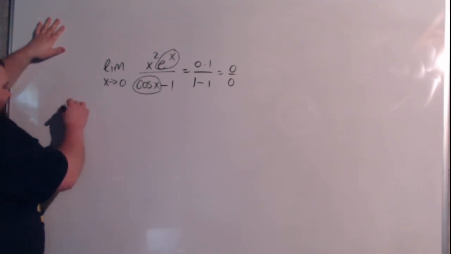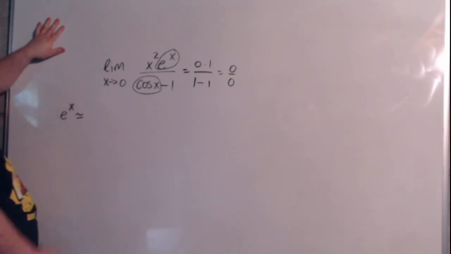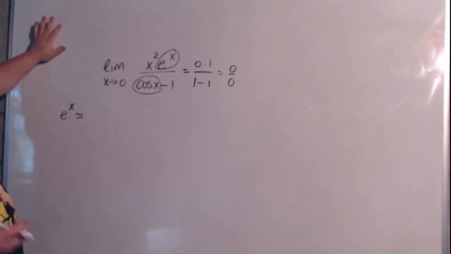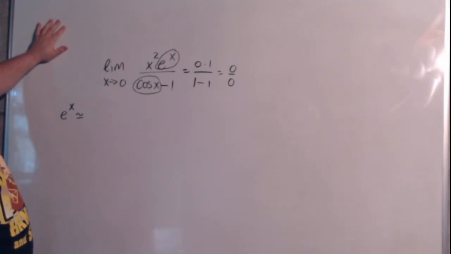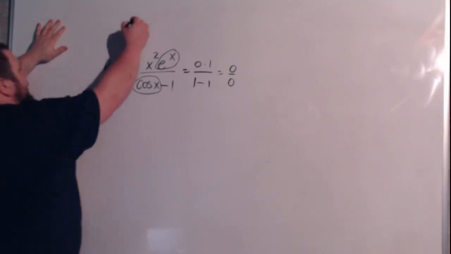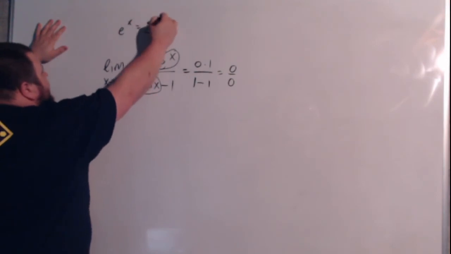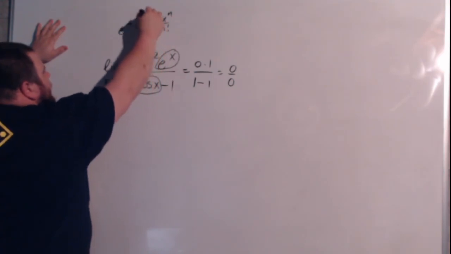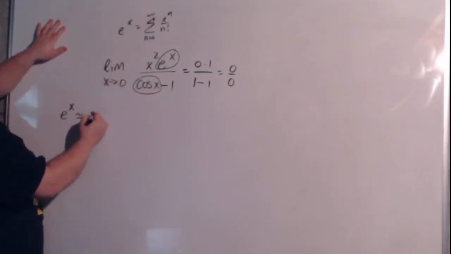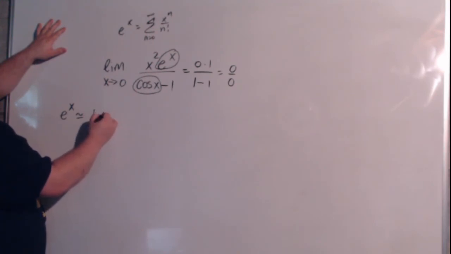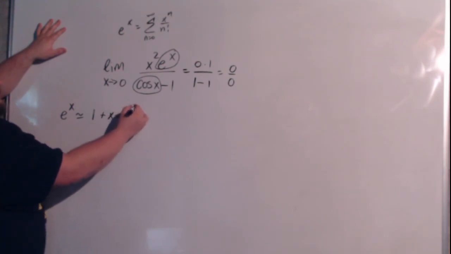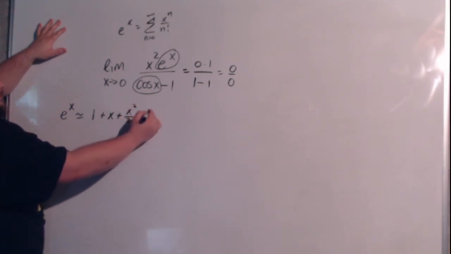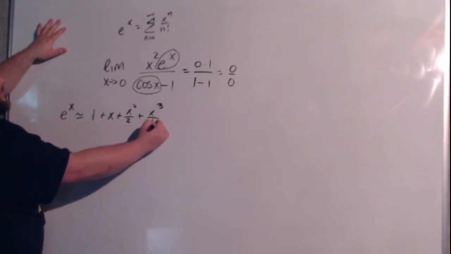So, e to the x. How many terms will I need? Well, let's start writing out e to the x. So e to the x is the sum of x to the n over n factorial, right? So the first term is going to be 1, then plus x squared over 2, x cubed over 6, and so on.